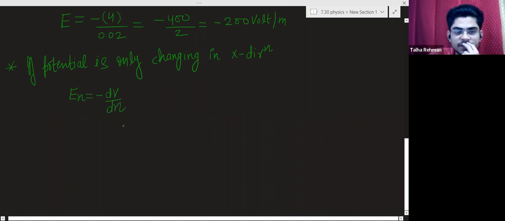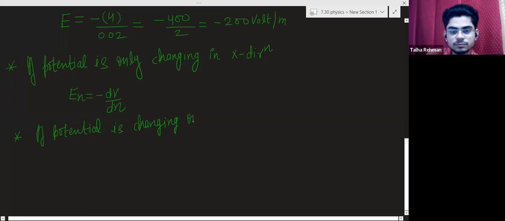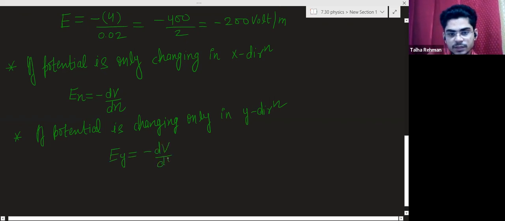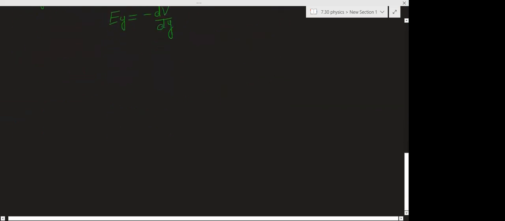And similarly, if potential is changing only in y direction, then Ey will be minus dV by dy. And this statement is also true for z.